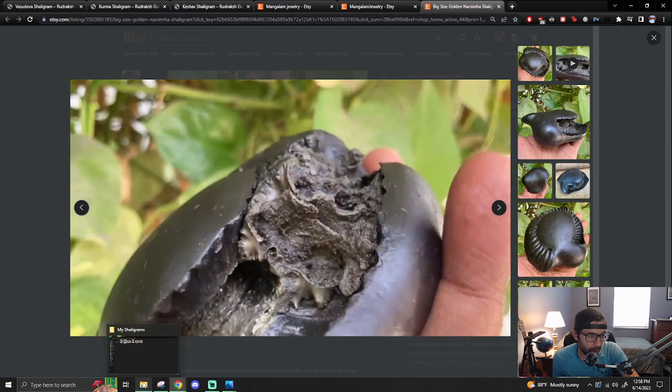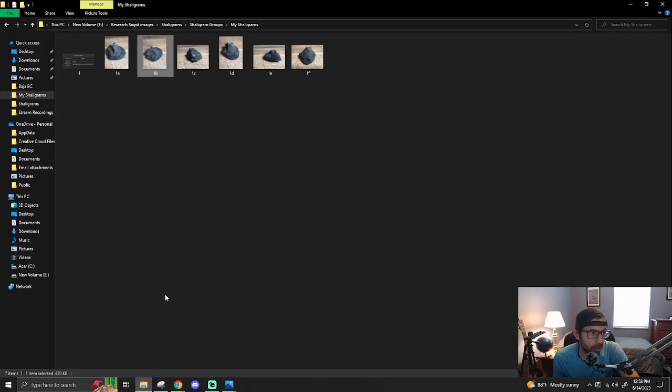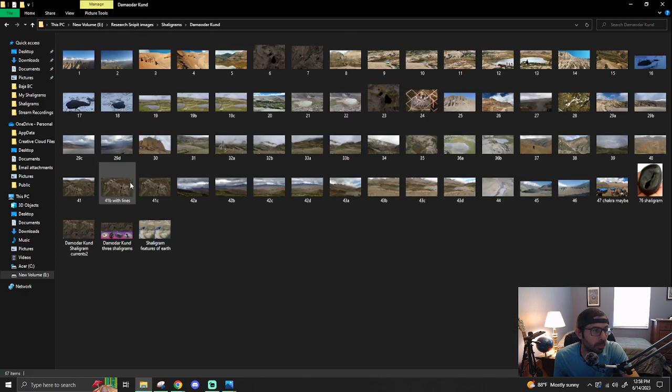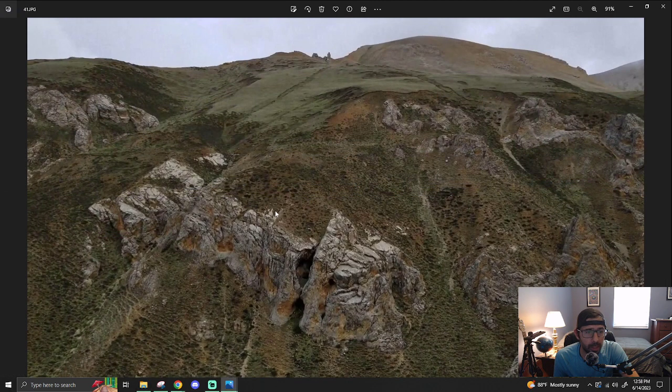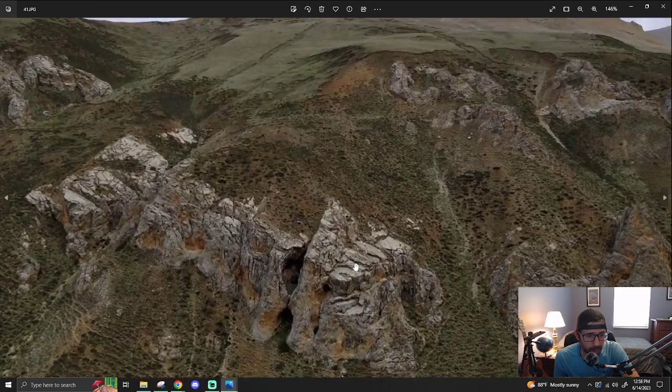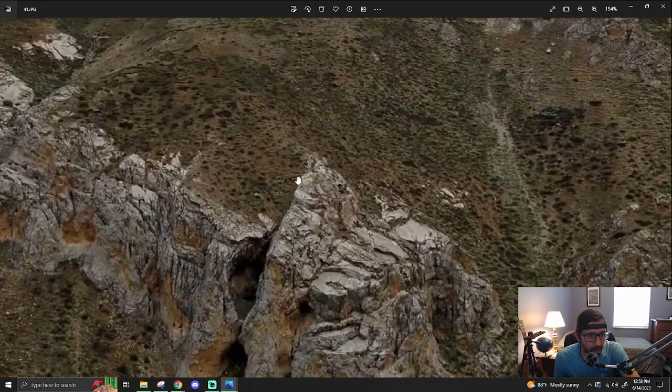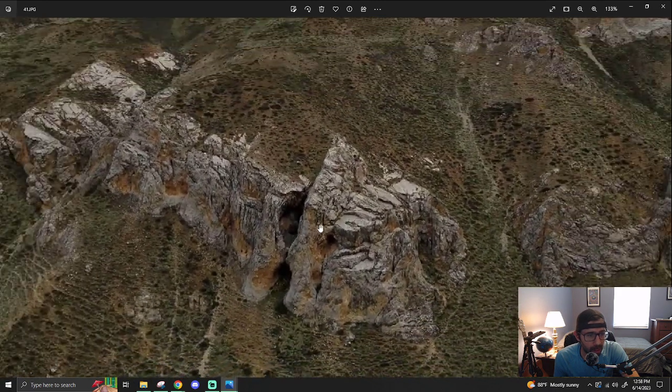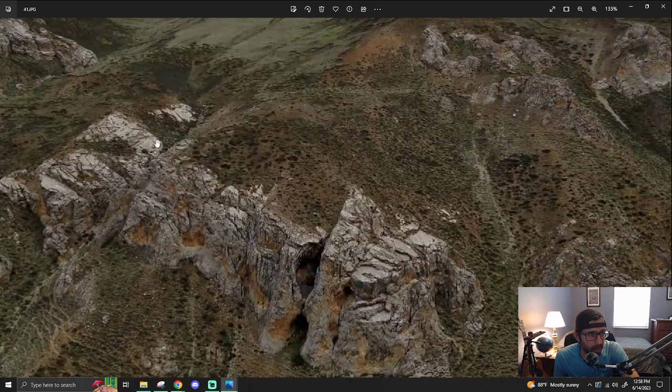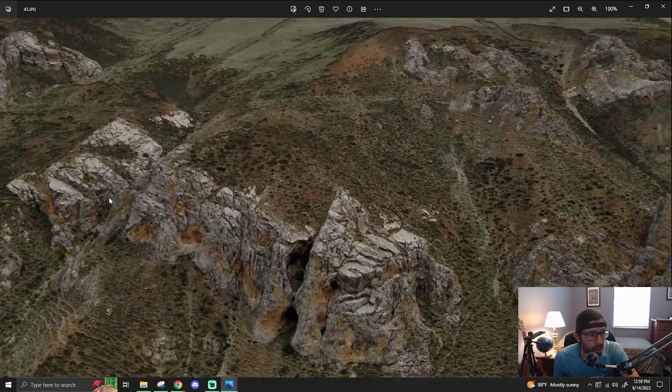Makes me think of... damn it, Orkund. Where all these slits are. I believe there's another one here, there's another one there, probably.